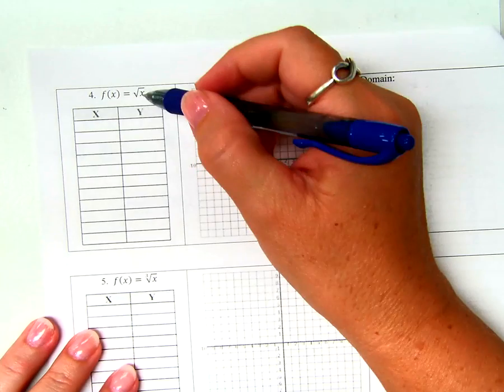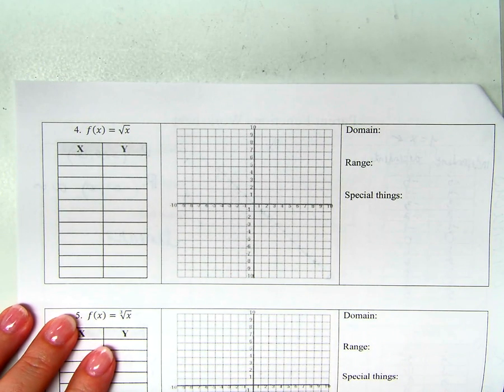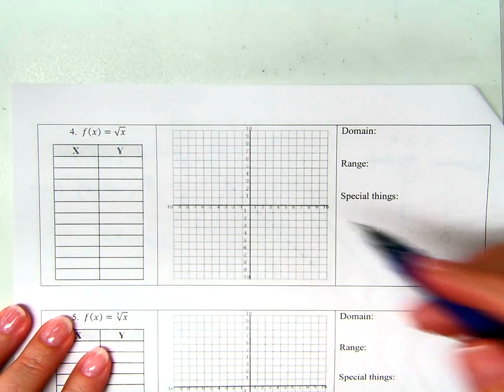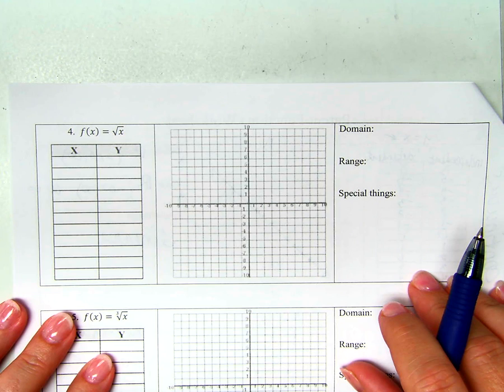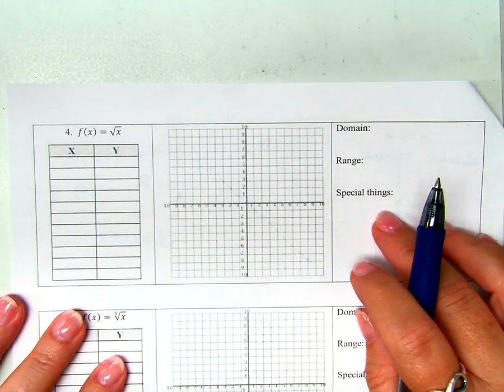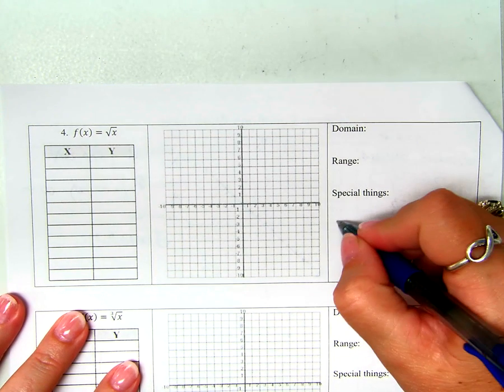Okay, so look at number 4. What do you know about number 4? Do you know its table? Do you know its graph? Do you know its domain and range? Do you know what it's called? Any of it? So guess what this function is called? Square root.